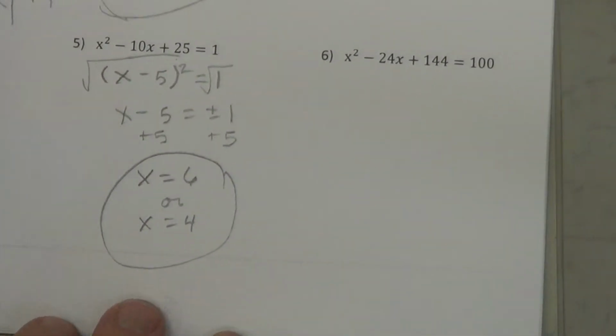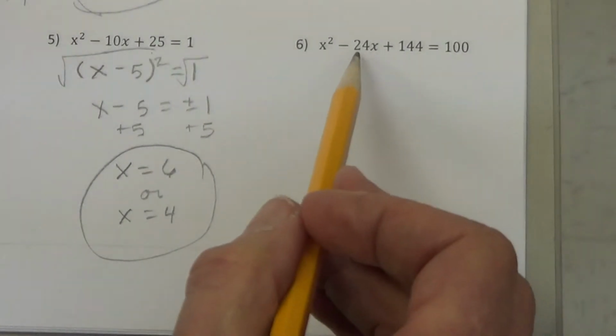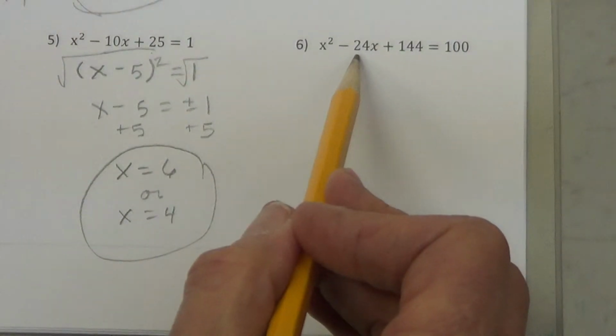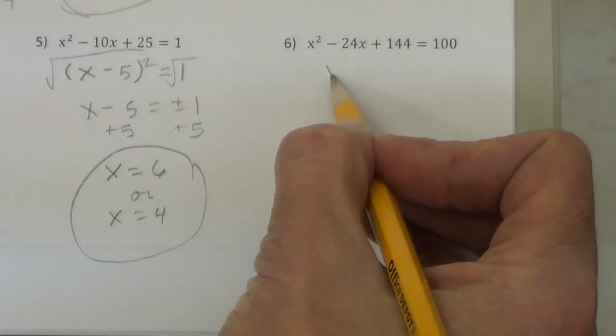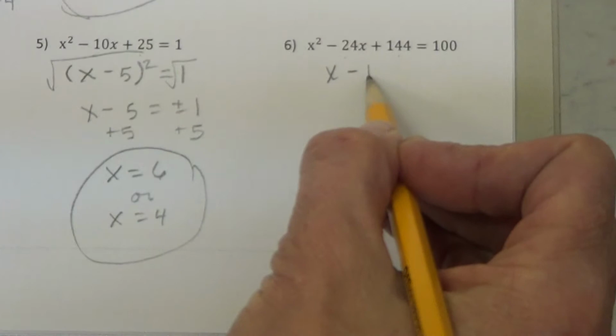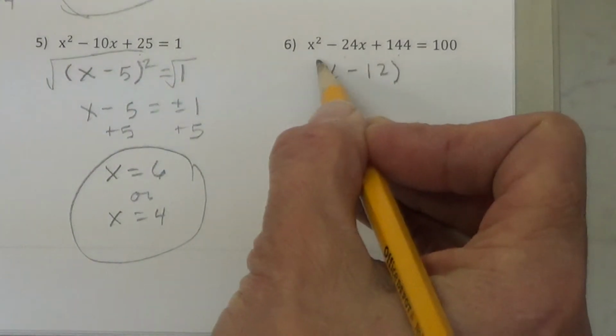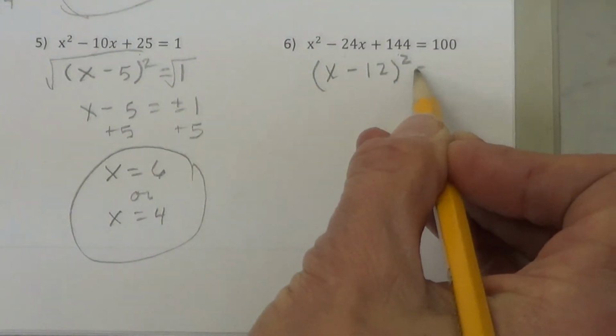Okay, next one. Half of 24 is 12. 12 squared is 144. So we have (x minus 12) squared equals 100.